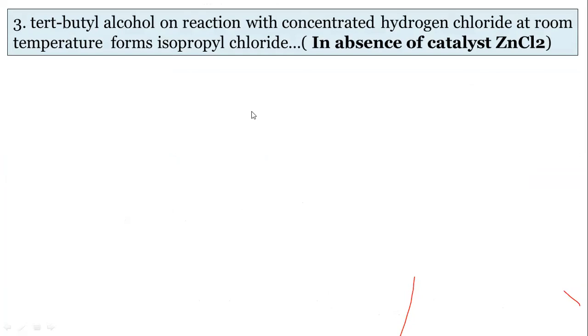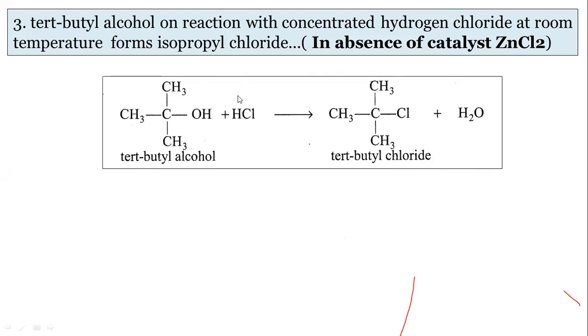In case of tertiary butyl alcohol, the reaction is carried out with only concentrated HCl. ZnCl2 is not required. So remember, this is an exception. Only for tertiary alcohols, the reaction can occur with concentrated HCl at room temperature, and it forms tertiary butyl chloride.